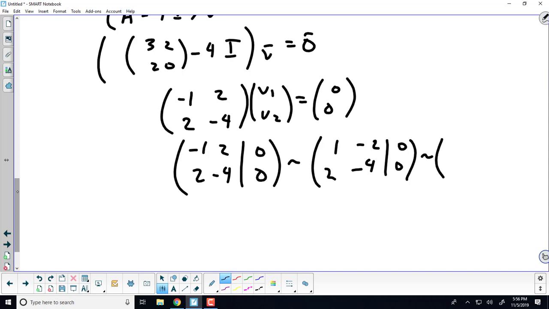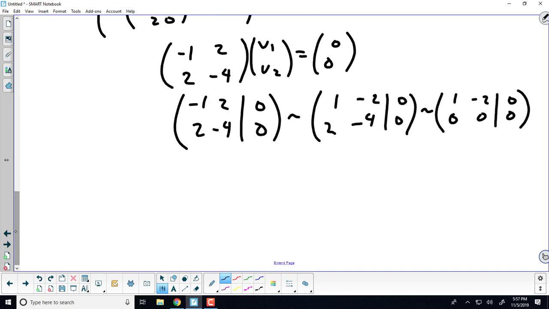Continuing, we need a 0 underneath that pivot 1, so we multiply the first row by -2 and add down. That gives us 0, 0, 0. That will always happen when you're solving for an eigenvector. You'll always get a bottom row of zeros. If you don't, you've done something wrong.